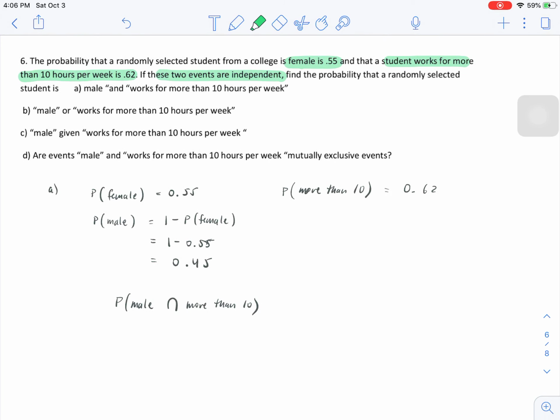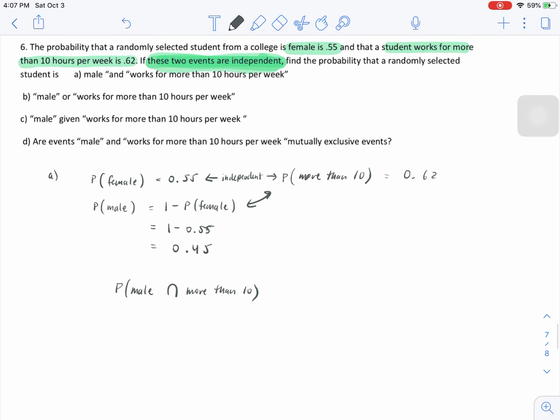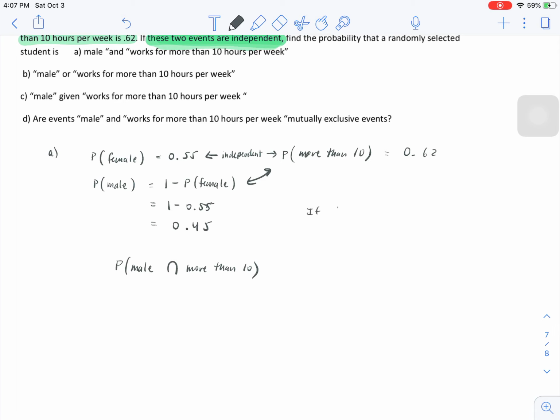To do this, we're going to use an important piece of information: the fact that a student being female and a student working for more than 10 hours is independent. If these two events are independent, that means that these two events are too. Remember, if two events are independent, then the probability of their intersection is just equal to the product of their individual probabilities.